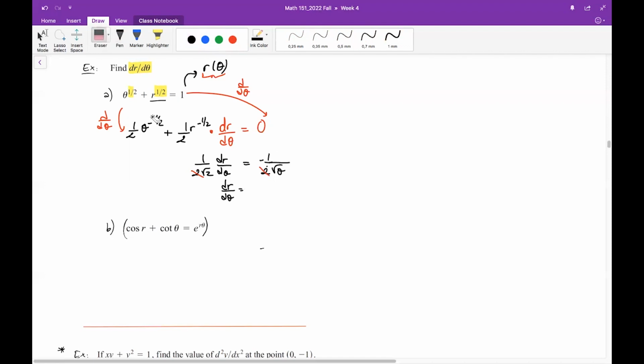By the way, let me see, it is just r, okay, so like this. I accidentally put 2 there. So send this thing to the right-hand side, and you will then find the result as square root of r divided by square root of theta.